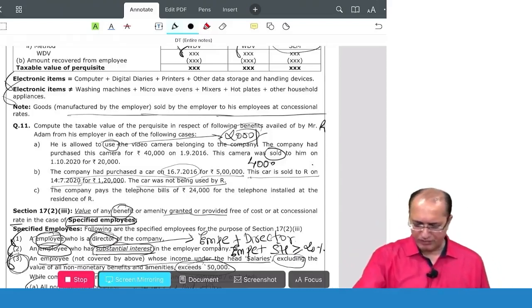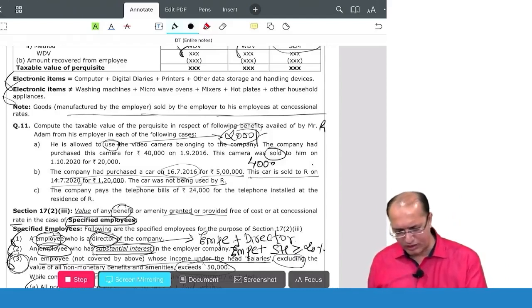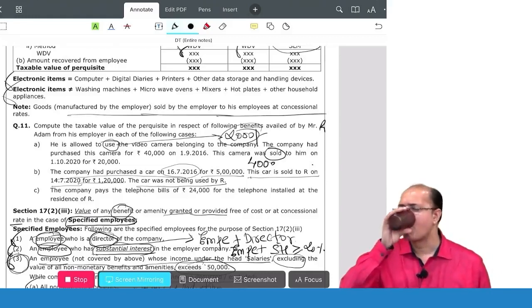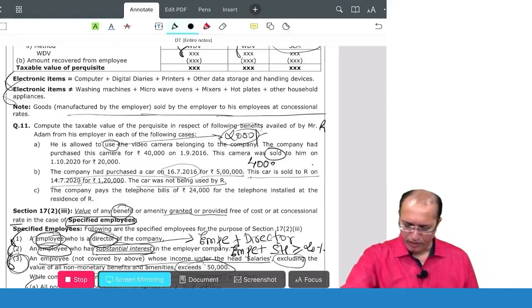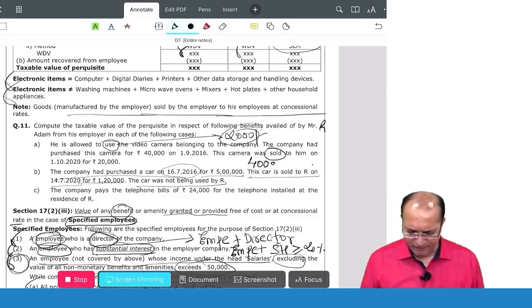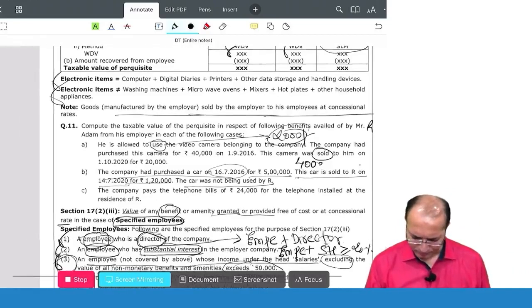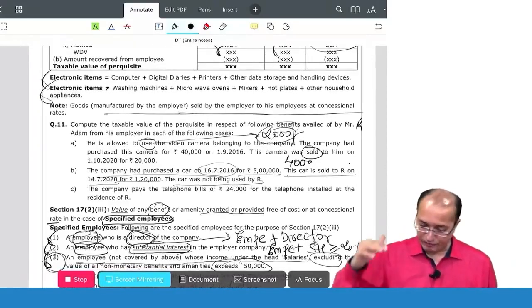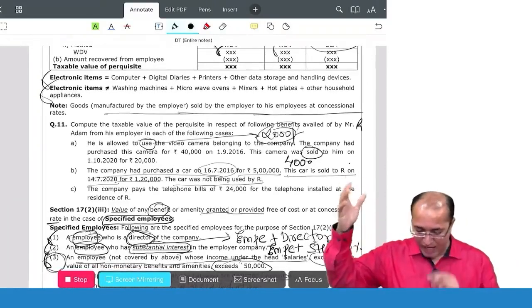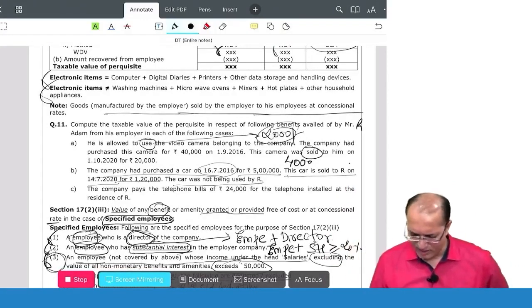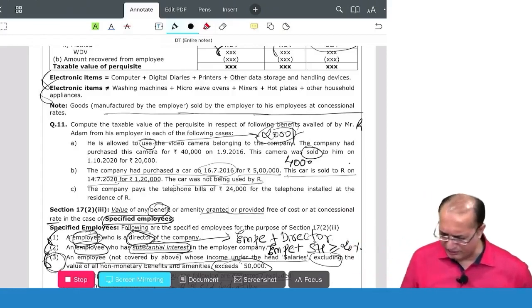I personally believe that no company is going to do something which will save an employee's tax. Why would they? There is no benefit to the company in doing so. Yes, if the employee is working at a very high position, director position, etc., the company may do such things. Otherwise, the company will not do such a thing for an ordinary employee.